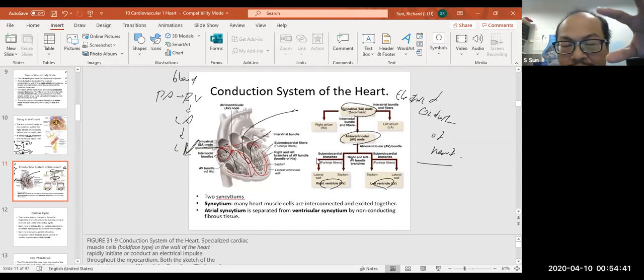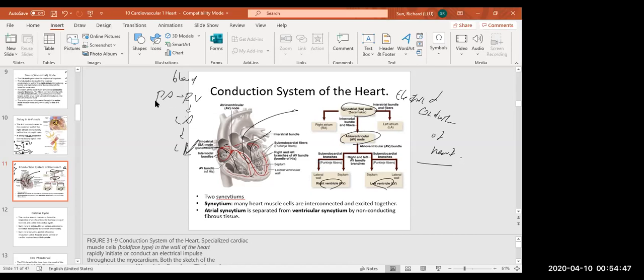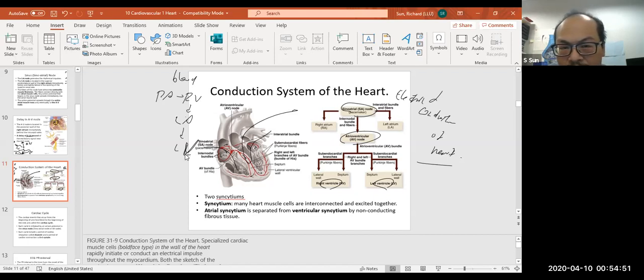But the contraction is different. Contraction is not right atrium, right ventricle, left atrium, left ventricle. The contraction is that the left and right atrium contract together, and the right and left ventricle contract together.